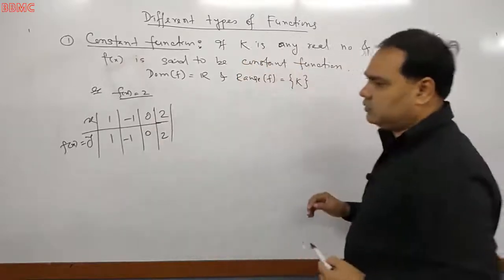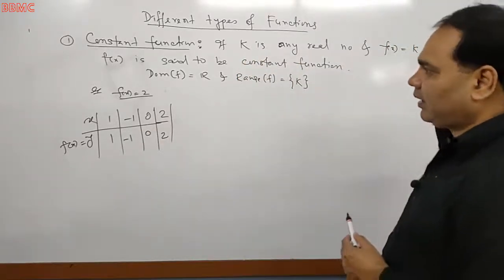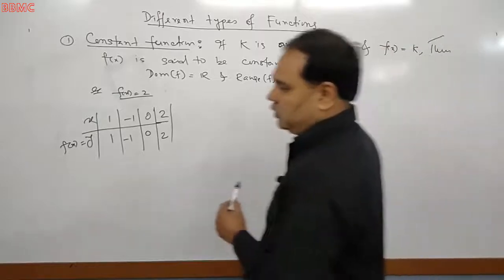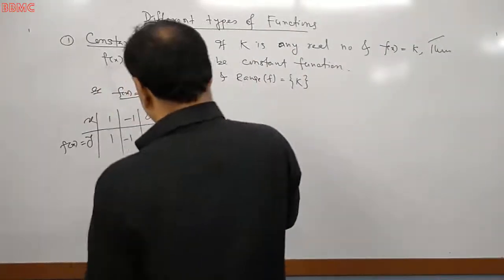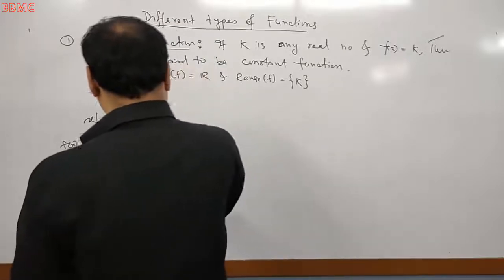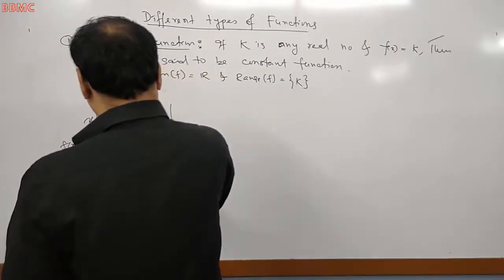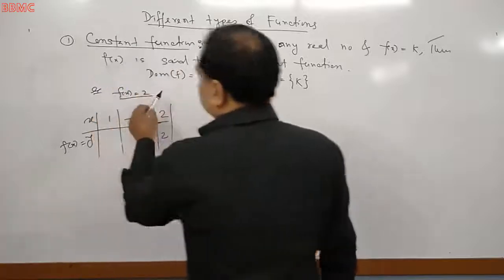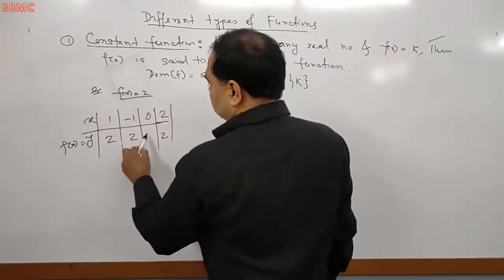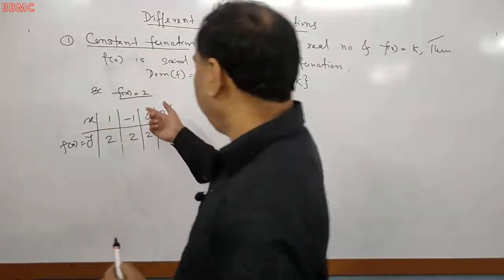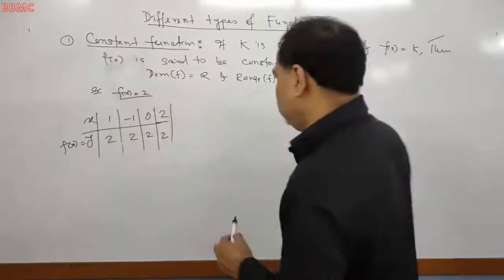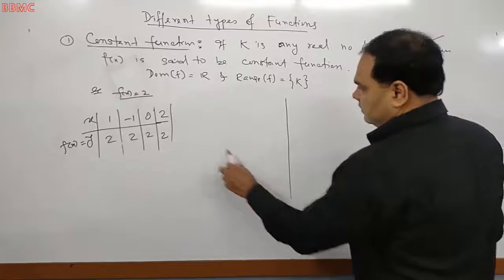Like that it will go. f(x) is equal to 2. In all cases, it is a constant. So in all cases it will be 2. We may assume any value of x. Then what will be the graph?